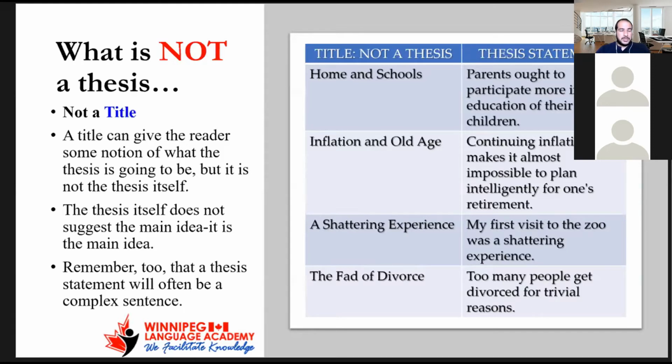So the thesis might be something like, although drug addiction is very dangerous for us, there are still ways to get rid of it. This means that when I read the body, I will find out more about the ways of getting rid of drug addiction. So this is exactly what the introduction is.